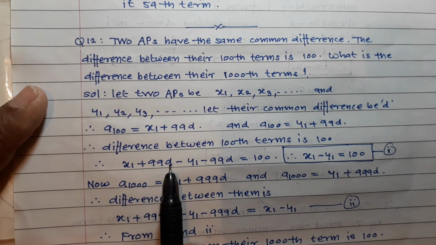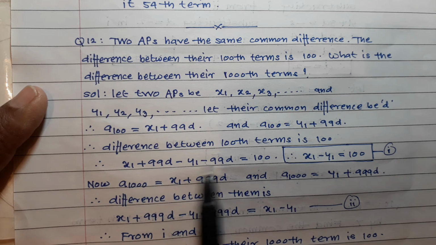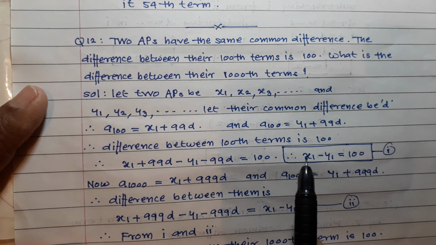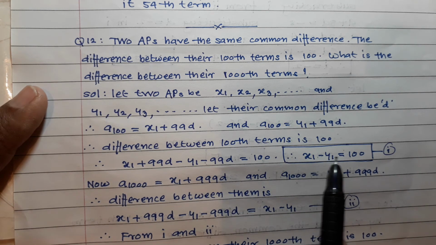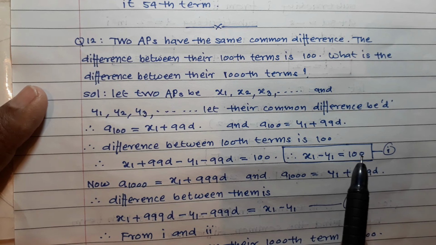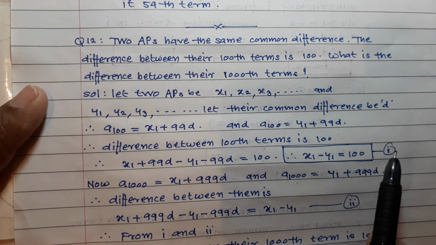So this 99D, plus and minus, get cancelled, and you have x1 minus y1 is equal to 100. Suppose this is equation number 1.